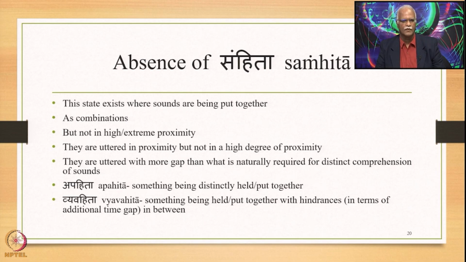So, combinations which are not in high or extreme proximity might have the absence of samhita. Such sounds, such combinations are uttered in proximity, but not in a high degree of proximity. They are uttered with more gap than what is naturally required for distinct comprehension of sounds.